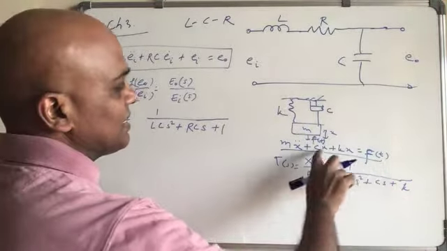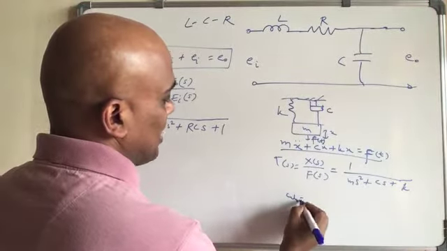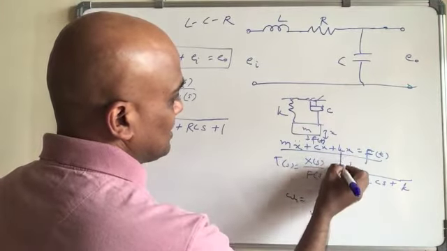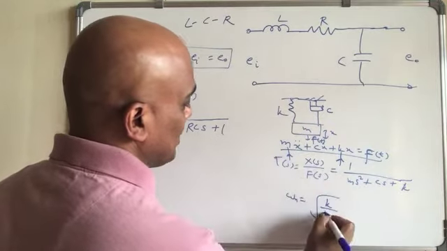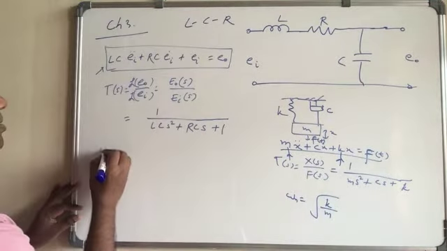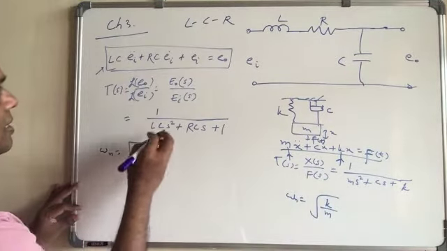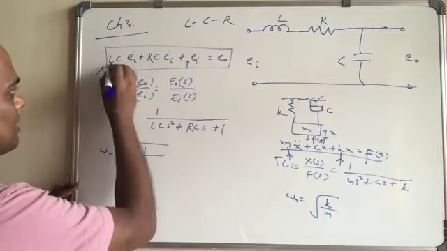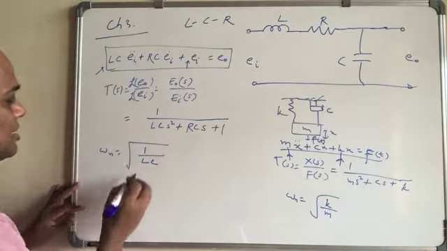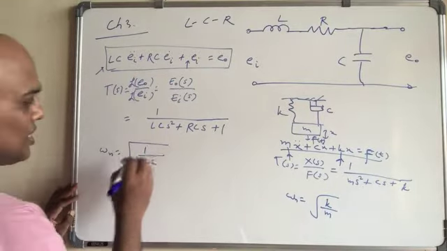This has a natural frequency omega n equal to root of this term, which is k, divided by this term, which is m. Same here, you can find omega n equal to root under this term, where the coefficient is 1, divided by this term, this is LC. So this is the natural frequency you find out.